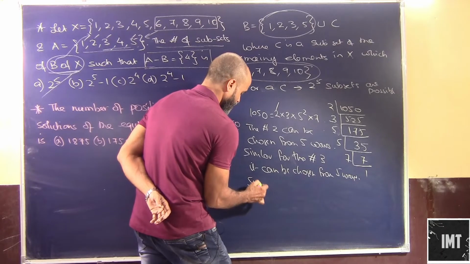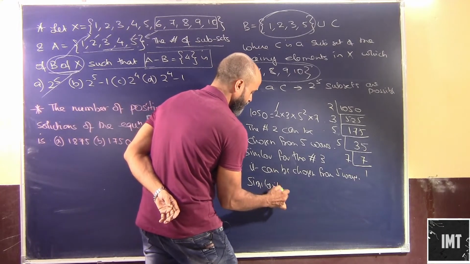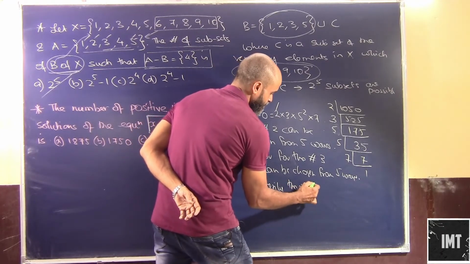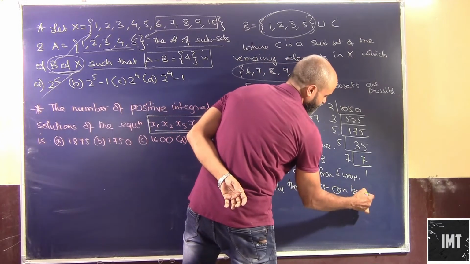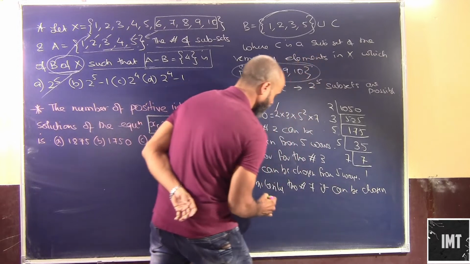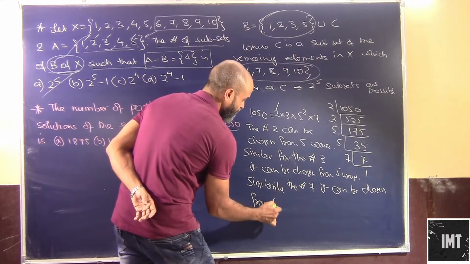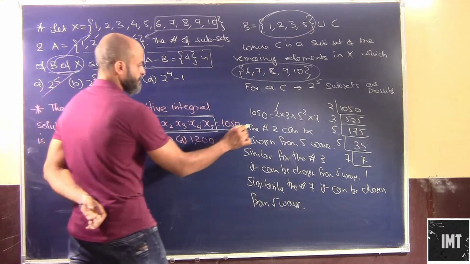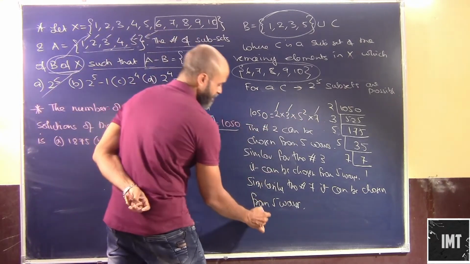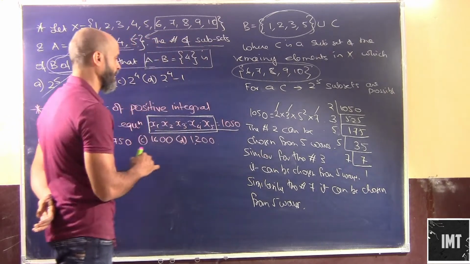Similarly, the number 7 can be chosen in 5 ways. Okay, so the number 3 and the number 7. So now we have to select number 5 square.